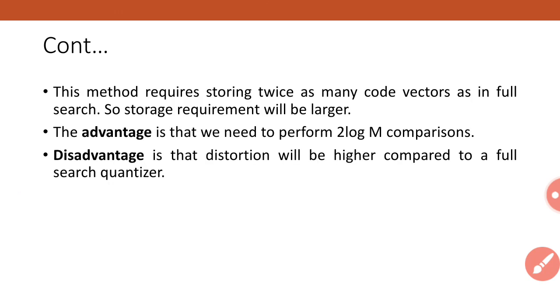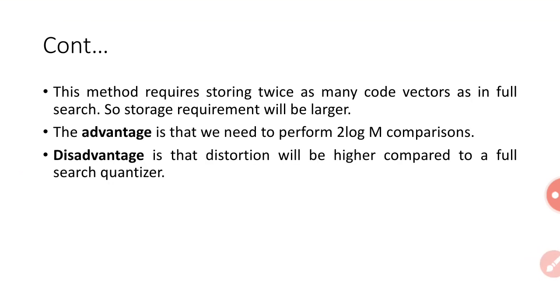This method stores twice the number of code vectors as compared to the full search case because the tree codebook is a complete binary tree. Here you require twice the number of code vectors as compared to full search. So the storage requirement will be larger here as compared to the full search case.